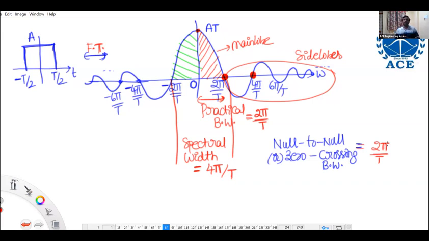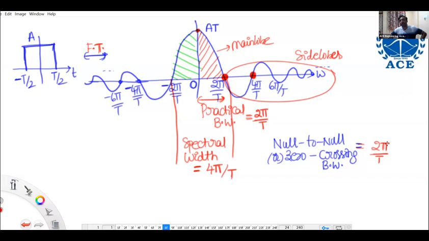Bandwidth definition is not unique. Don't have that wrong thought, that it is simply highest minus lowest frequency component. Bandwidth definition depends on the context. Absolute bandwidth, 3 dB bandwidth, RMS bandwidth, essential bandwidth, FCC bandwidth in communication. Under Parseval's theorem, by taking different signals, I will explain all the definitions. There are 6 different forms of bandwidth.